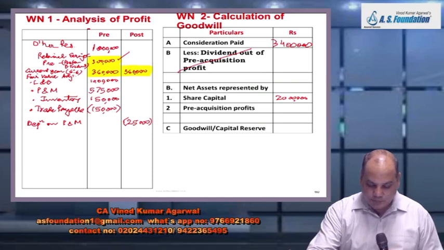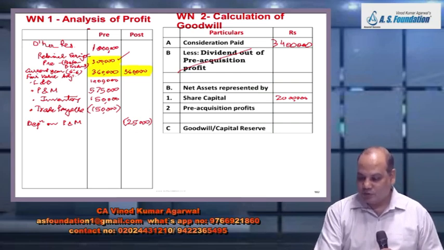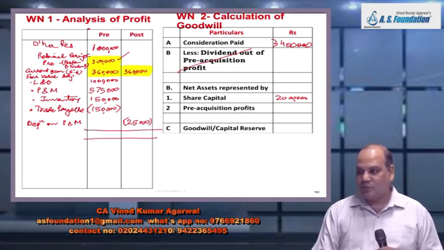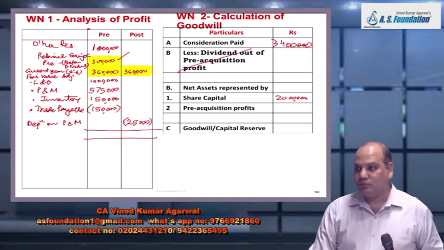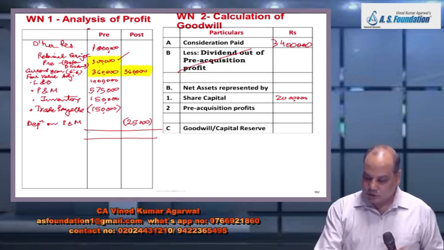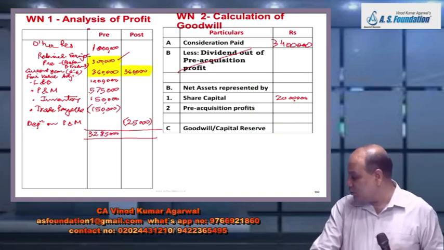Fair value of plant and machinery was 20 lakh, done. Depreciation 10%, done. Following are the changes in fair value as per respective IFRS, done, done, done. So tell me the total of pre-acquisition. 32 lakh 85,000, is it right?